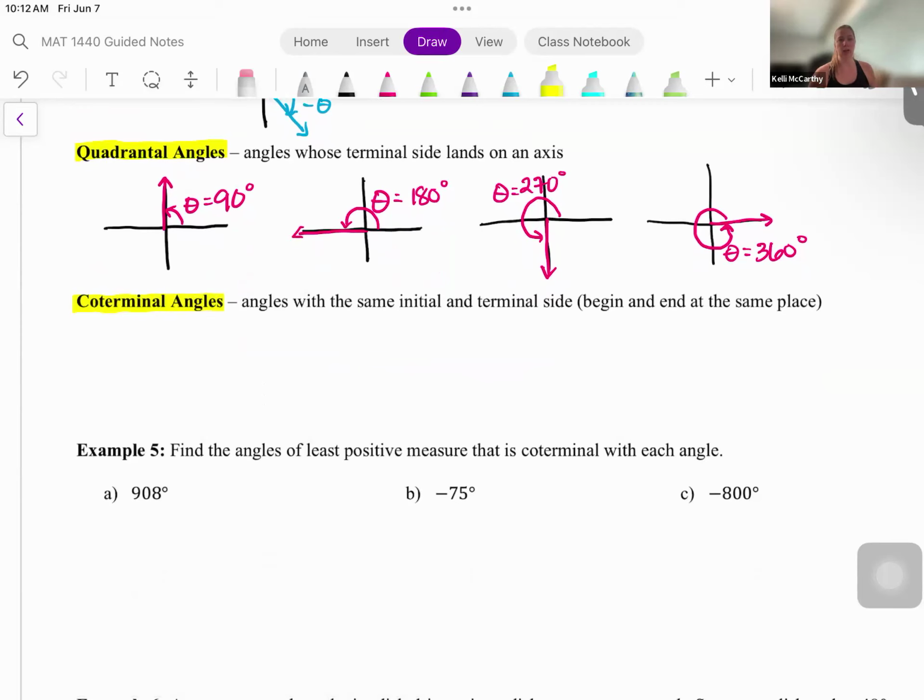Coterminal angles are angles that have the same initial and same terminal side. So they begin and end at the same place, but they are going to have different measures. The idea here is that we can continue to rotate around and around, adding more revolutions, increasing our angle size, but still starting and ending at the same point. So let's look at an example of 130 degrees.